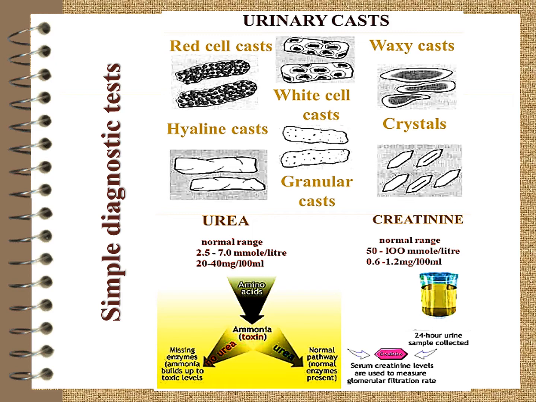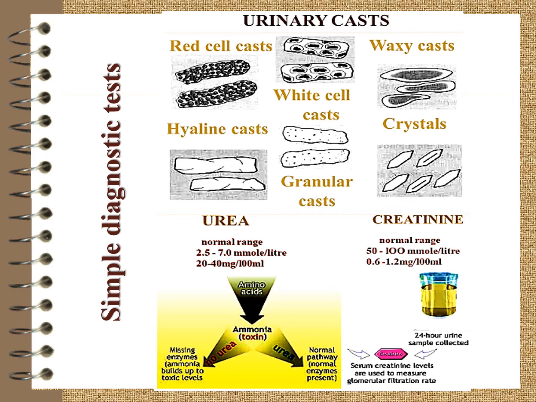Urinary casts. These are composed of foreign elements of various types, which are molded into cylindrical form by passage along tubules. The following types of casts are indicated, as you see in the picture: epithelial casts, granular casts, protein casts, red cell casts.